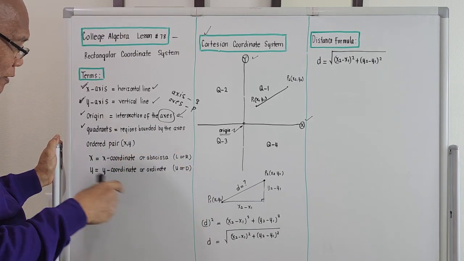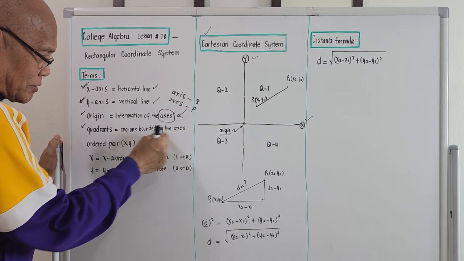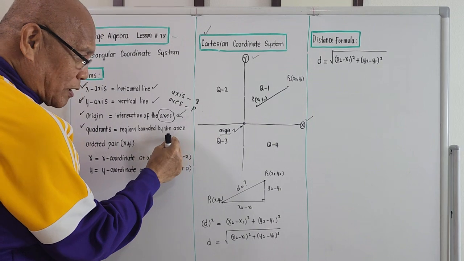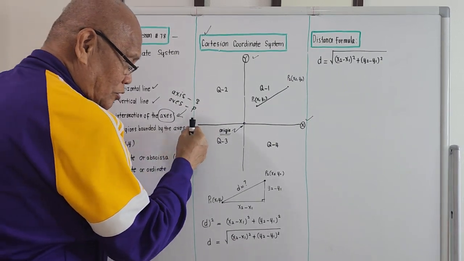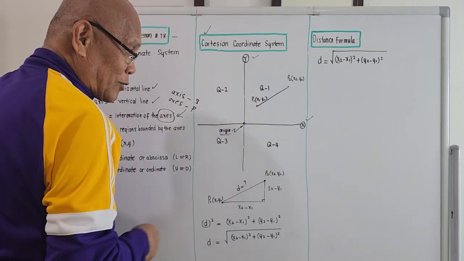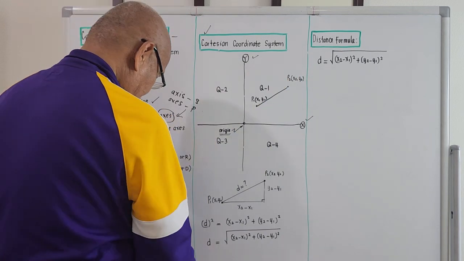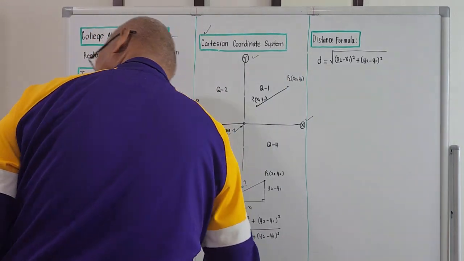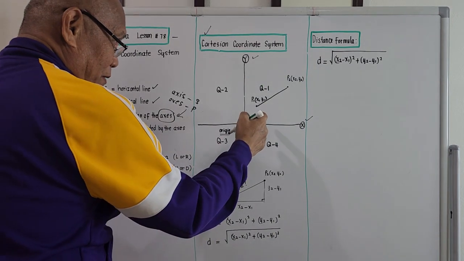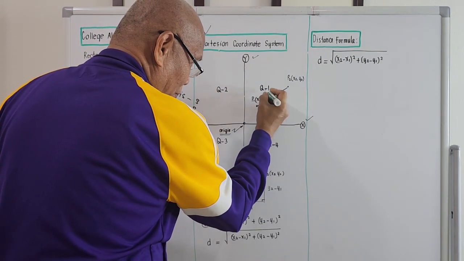If we try to define what is a quadrant, it is the regions bounded by the axes, meaning the x-axis and y-axis. So the regions bounded by the x-axis and y-axis are termed quadrants. If we are on this location here, you are in quadrant number 1.